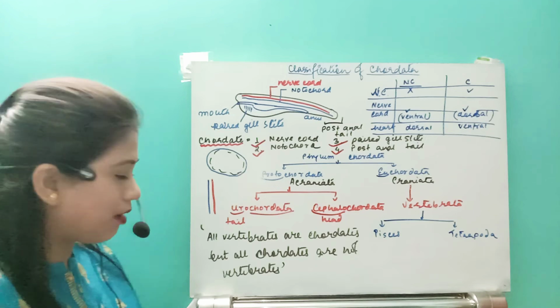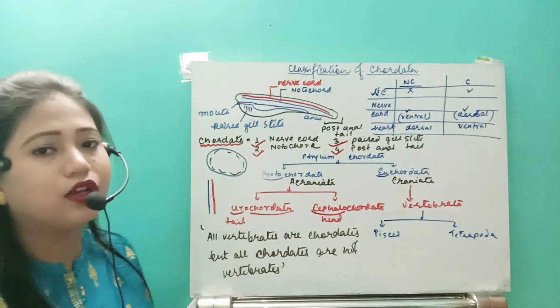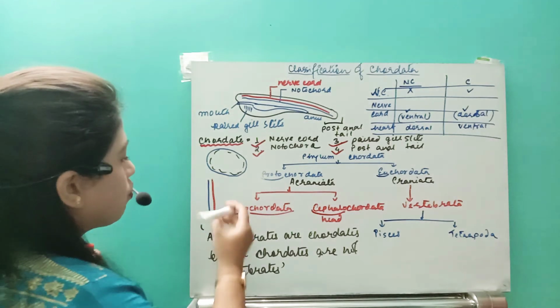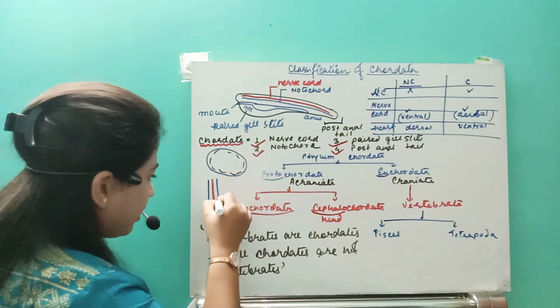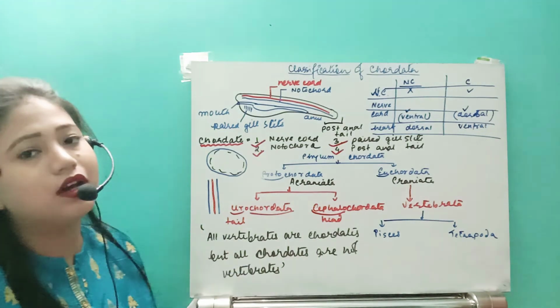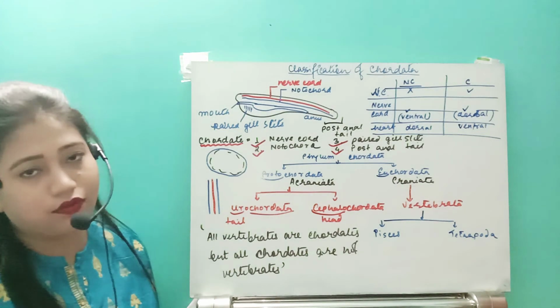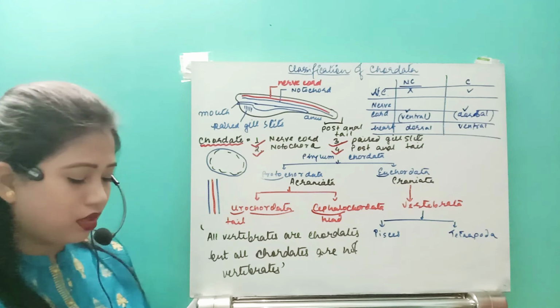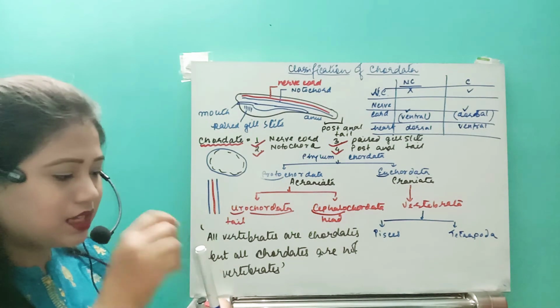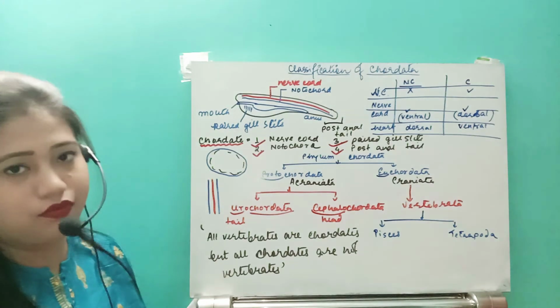So to protect the spinal cord, the nerve cord, the notochord completely covers it. Now this notochord is a hollow structure, and inside it we have the nerve cord.